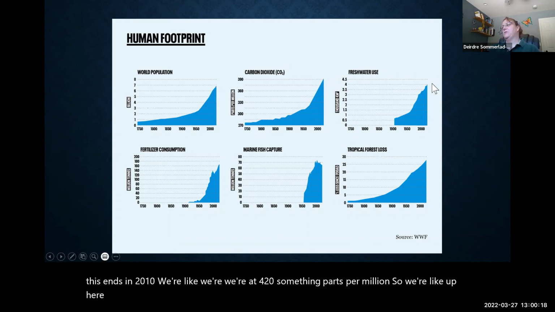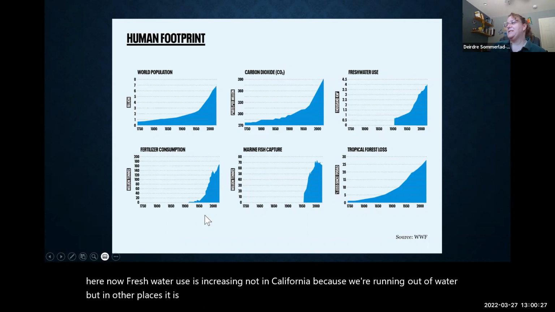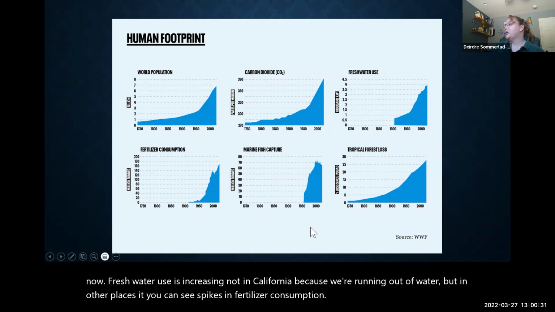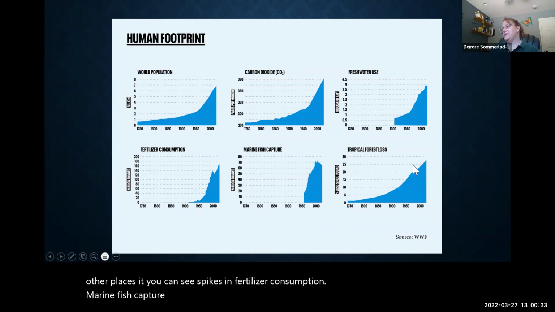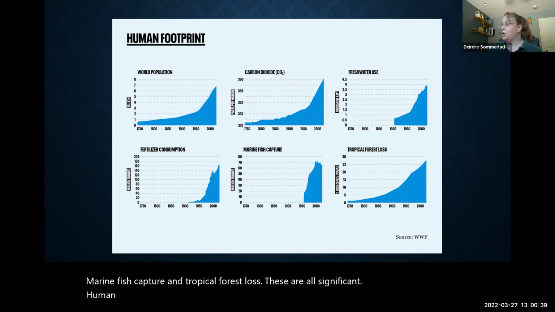Fresh water use is increasing, not in California, because we're running out of water, but in other places it is. You can see spikes in fertilizer consumption, marine fish capture, and tropical forest loss. These are all significant human footprints that are creating real issues for us.